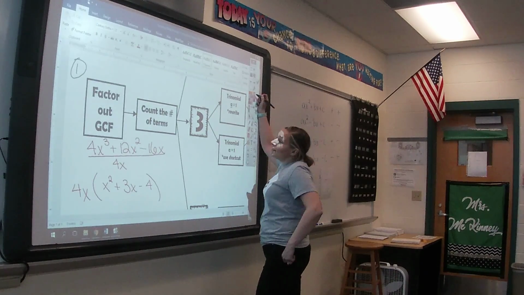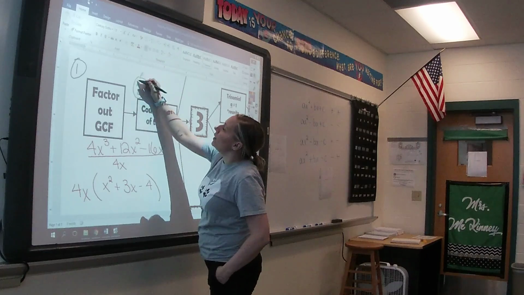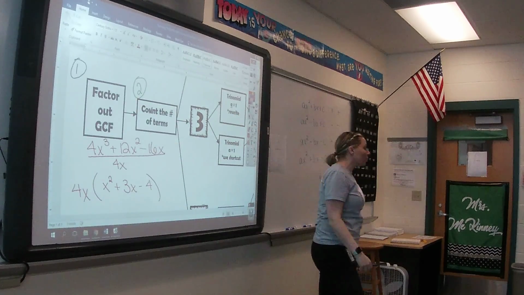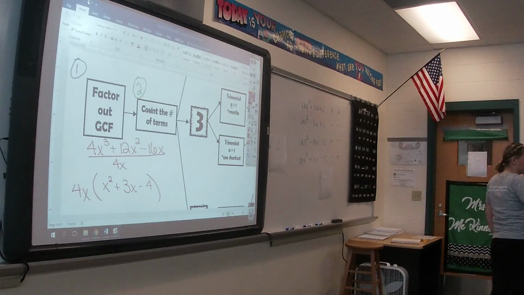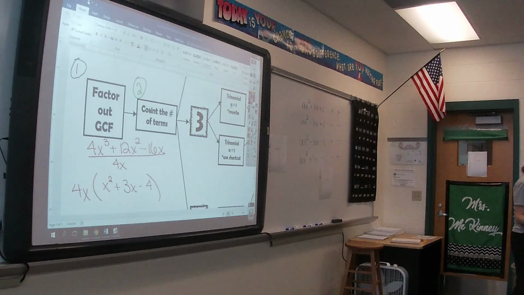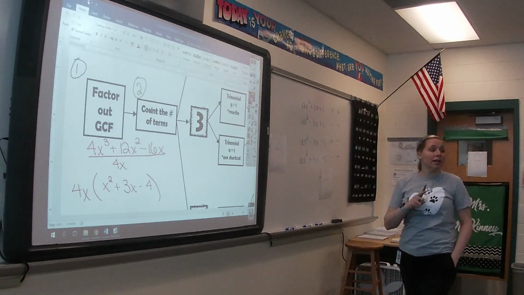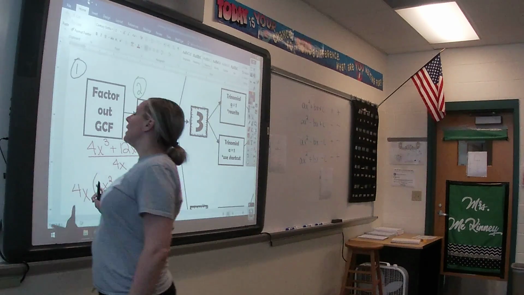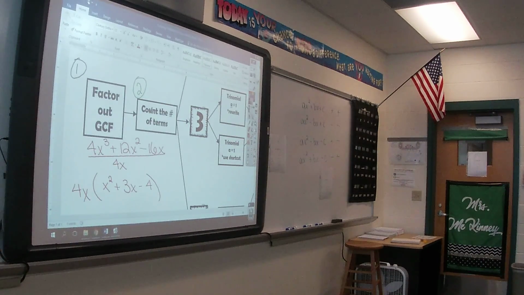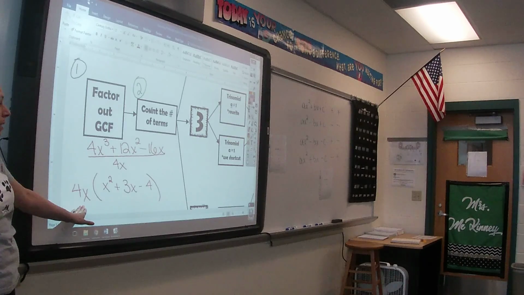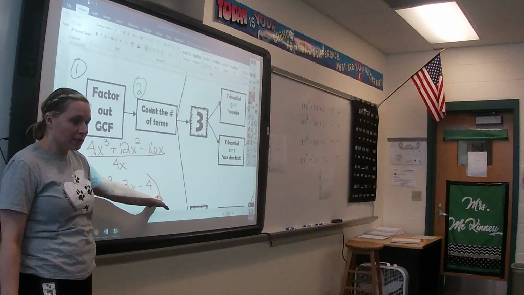Our second step is then going to be to count the number of terms, just like that was our second step before. This shouldn't feel any different. Now, when we are counting the number of terms, remember, if we have factored out a GCF, we are not counting 1, 2, 3, 4 terms.